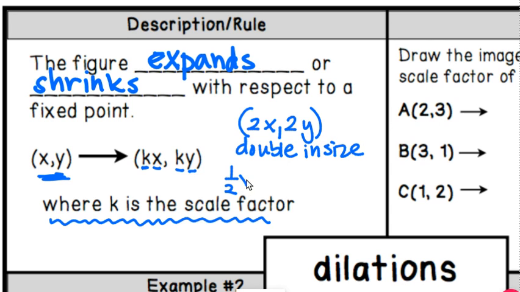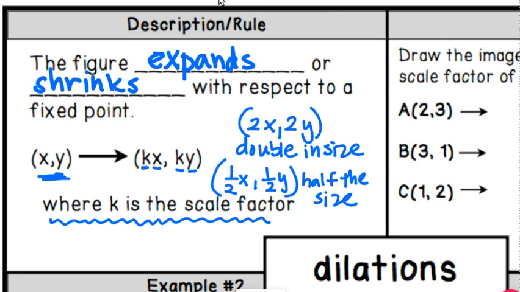If I had 1/2 x and 1/2 y, it would shrink because it's getting half the size. And literally all we're going to do is multiply the number times the variable. 1/2 times the x value, 1/2 times the y value, 2 times the x, 2 times the y.